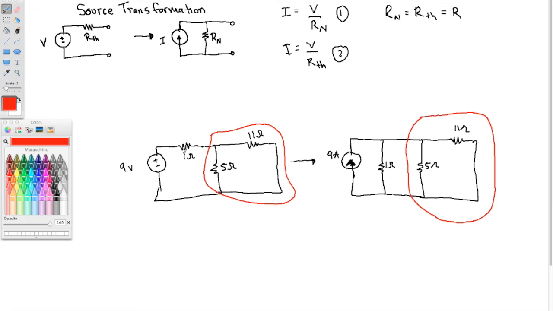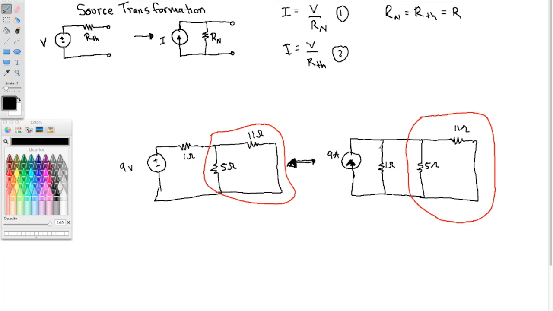The transformation happened over here. External to the transformation, everything stays the same. That's an equivalent transformation. And it works the other way as well. If we were given this picture, we could come back, so the arrow goes to the left as well. We could go back to this picture if we wanted to.